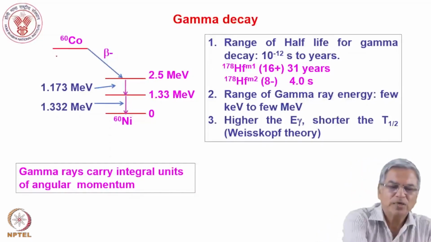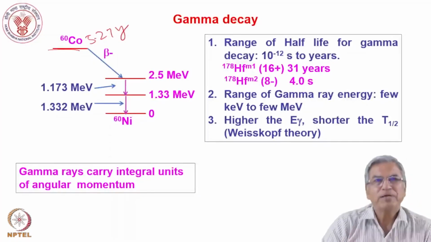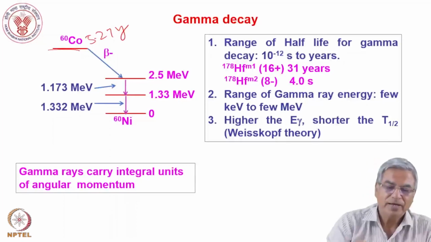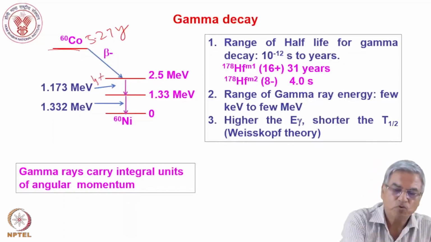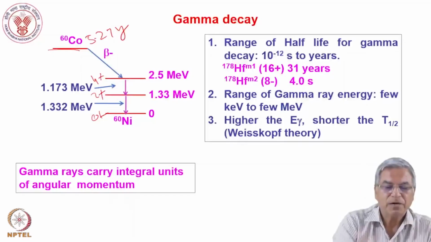For example, the cobalt-60 having a half-life of 5.27 years undergoes beta minus decay to excited states of nickel-60, and these states are actually 4 plus, 2 plus and 0 plus. So these excited nuclear states of nickel-60 undergo gamma decay.